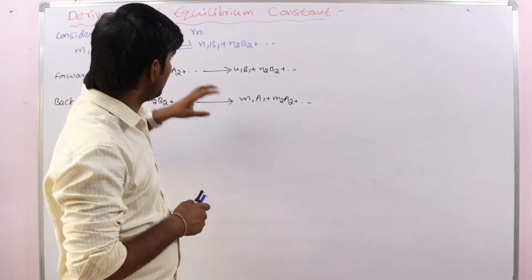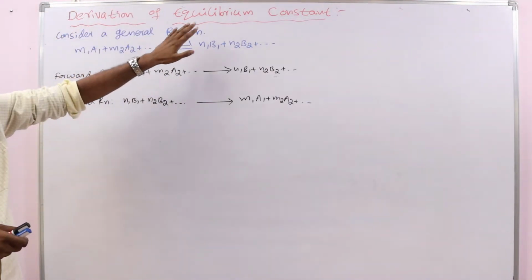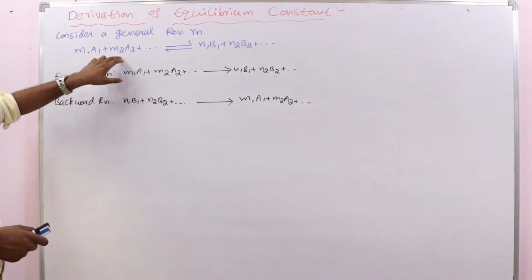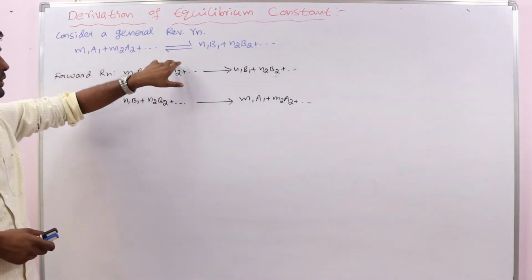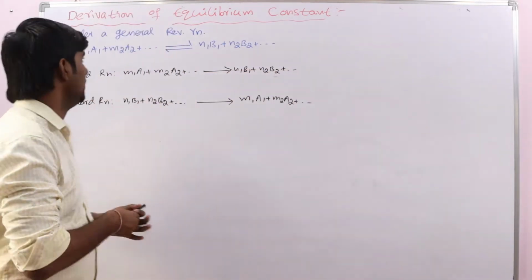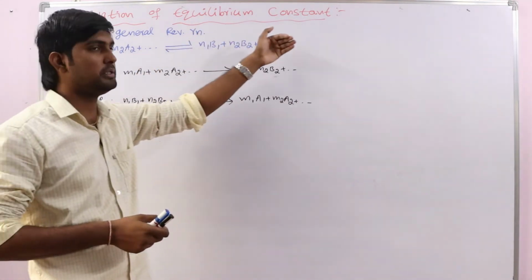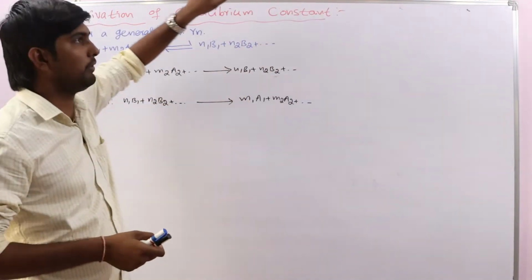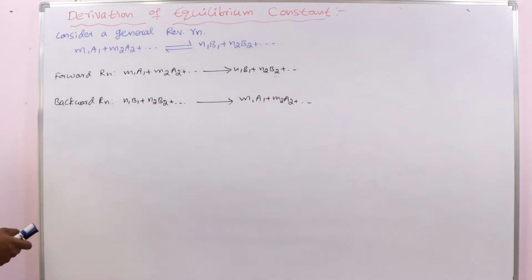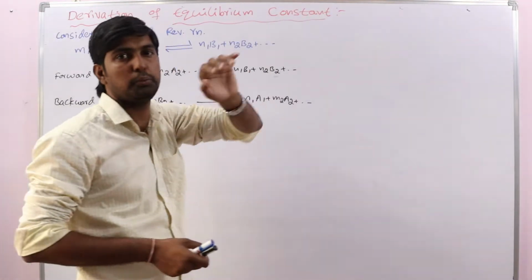So very simple. Now let us consider a general reversible reaction: m1A1 plus m2A2 plus so on gives n1B1 plus n2B2 plus so on. Whatever the number of reactants or products formed, we can write the equilibrium constant. Here we are taking two terms on the reactant side and two products.